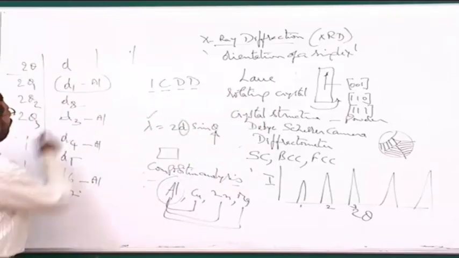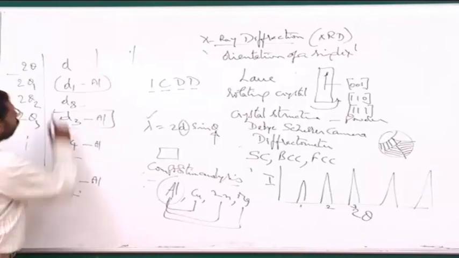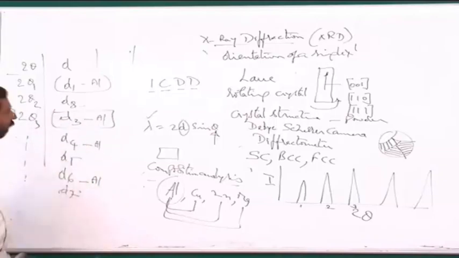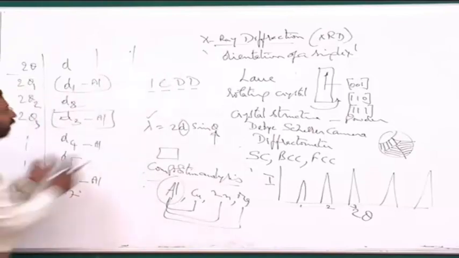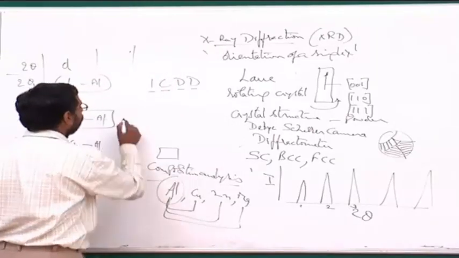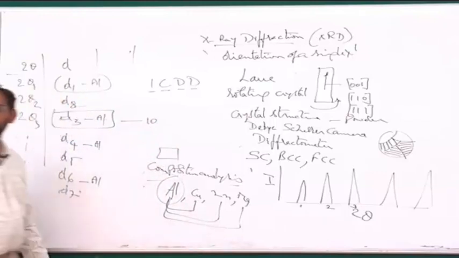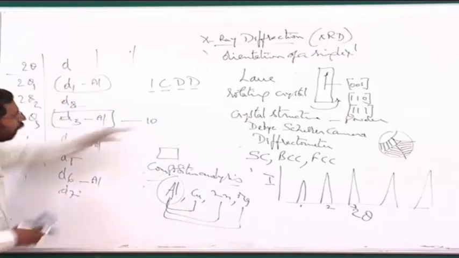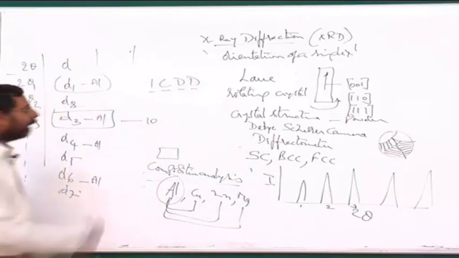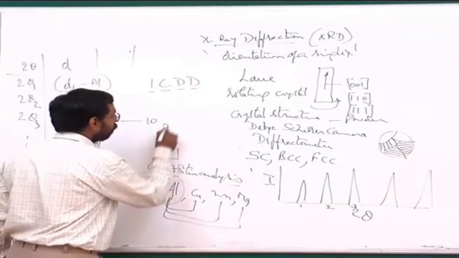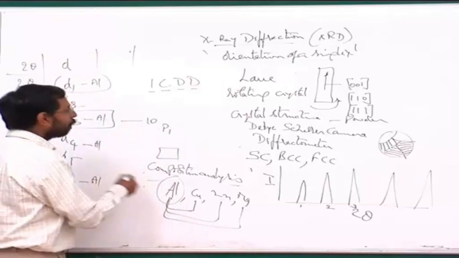But once I know that this is the most intense peak, first try to match this peak with something else. Let's say this peak matches with some 10 different phases. Now start looking at, choosing one by one of those 10 phases. Let's choose phase number 1.